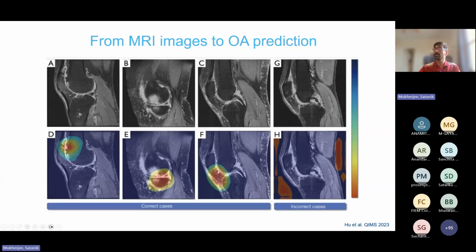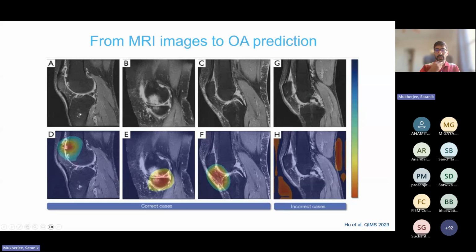But these deep learning tools can actually detect these changes and predict possible cartilage damage in these regions. But there have also been some other regions where it falsely predicts. So there are always going to be false positives and false negatives, and it's also upon the discretion of the person using these tools to be aware of them.